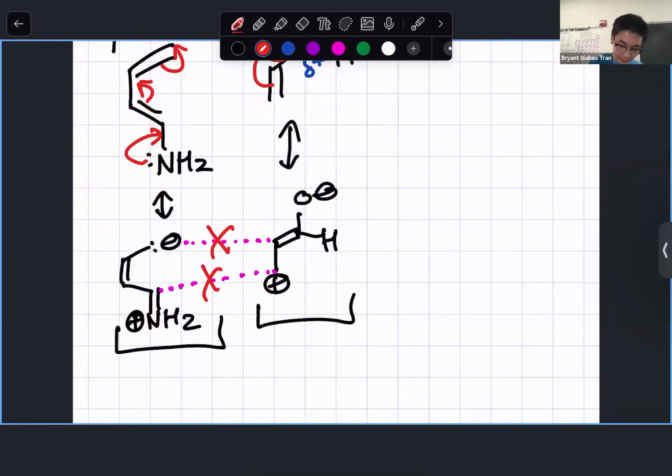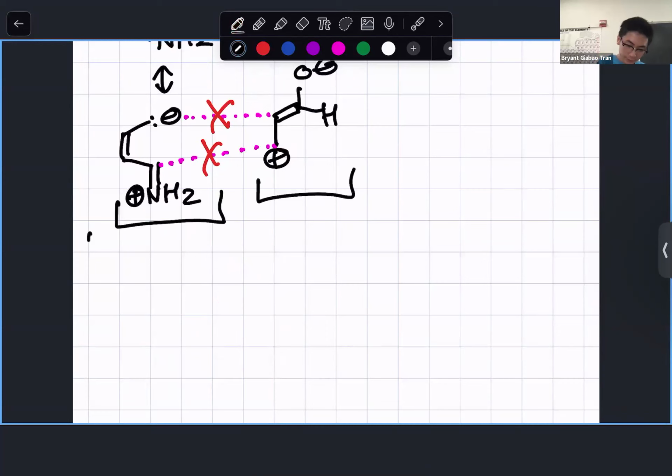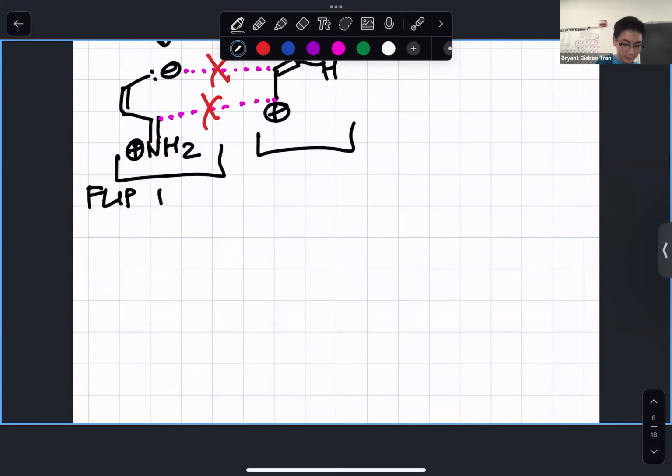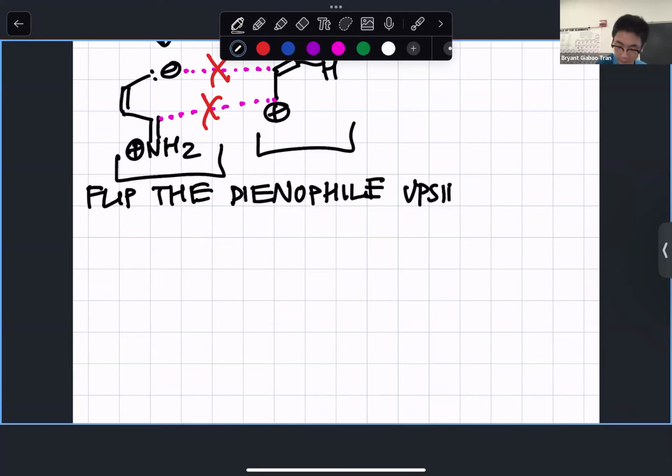So if they do not align, we are going to flip one of them. I like flipping the dienophile because it's a smaller molecule and it's easier to draw. So flip the dienophile upside down to align the charges.